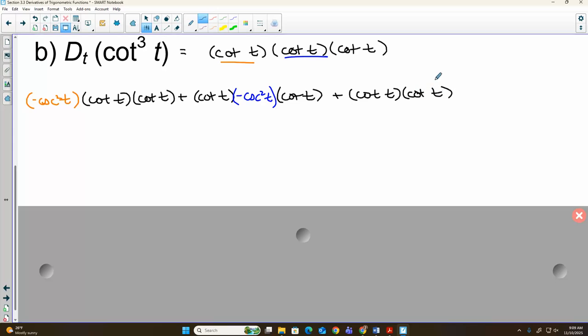Plus, now the first two would stay the same, the derivative of the last one, so the derivative of cotangent is negative cosecant squared t. All of these are the same in like terms, we could add them together. They're all a negative cosecant squared t, cotangent squared t. So if we add those together, we get negative 3 cosecant squared t, cotangent squared t.